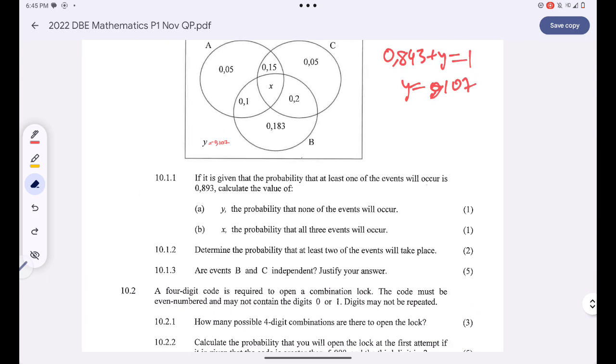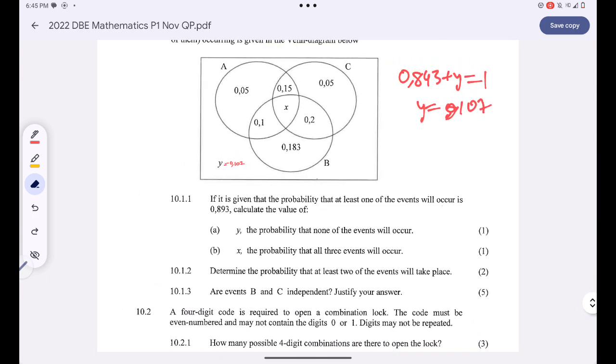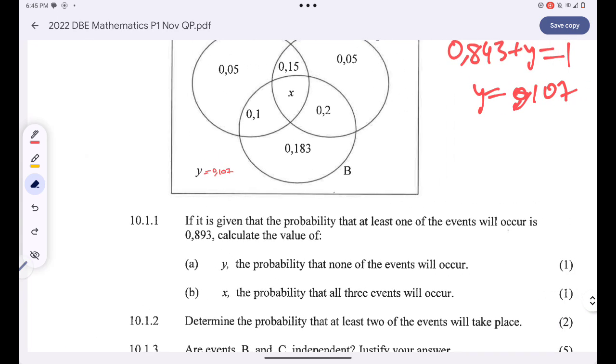And then secondly, they want us to find the value of x. I know that the probabilities over there all sum up to 0.893, right? So I'll simply say 0.05 plus 0.15 plus 0.05 again plus 0.2 plus 0.183 plus 0.1 plus x must give me 0.893.